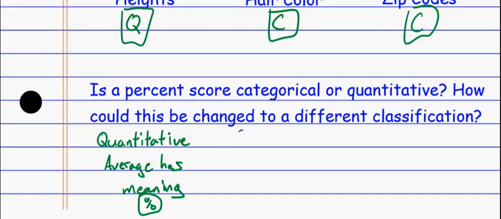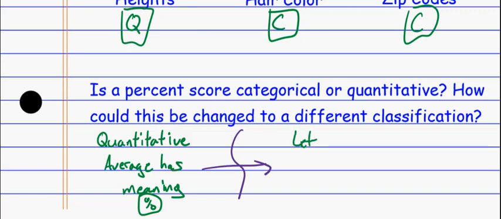The follow-up question here is, how would I convert this to a categorical piece of data? The answer is we have to think about how I can express scores in terms of a label rather than a meaningful number. And the obvious answer, if you're already thinking about it, is letter grades.